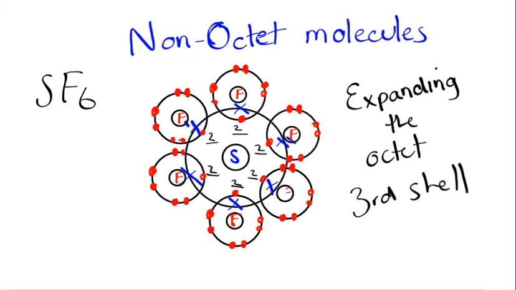You were probably told at GCSE that in the 1st shell you can fit 2 electrons, in the 2nd shell you can fit 8, and in the 3rd shell you can also fit 8. This is true for the elements that you've looked at so far, but actually in the 3rd shell you can fit 18 electrons. So sulfur can fit those 12 electrons around its outer shell, so this molecule will be stable.